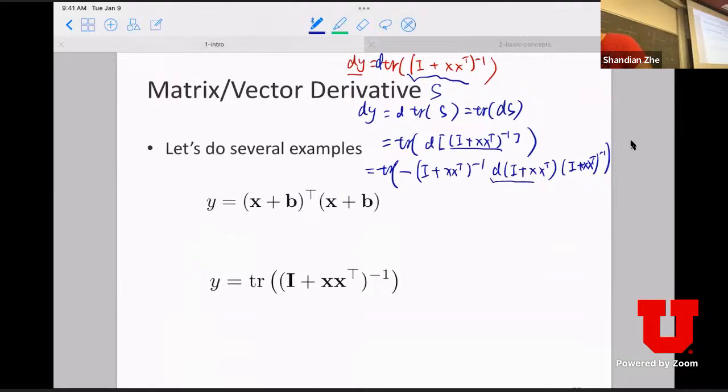Now you can see that we have a derivative operation inside the matrix product. So let us look at this term. What is this derivative?